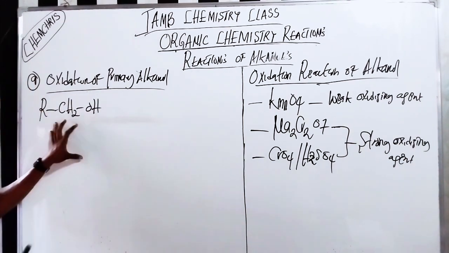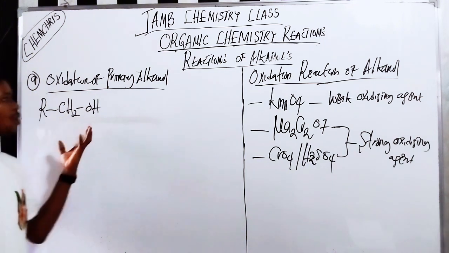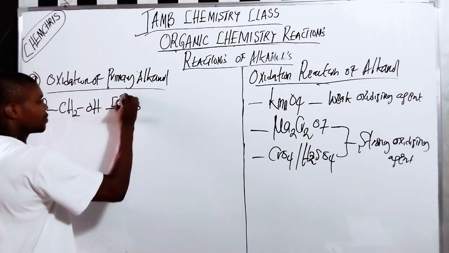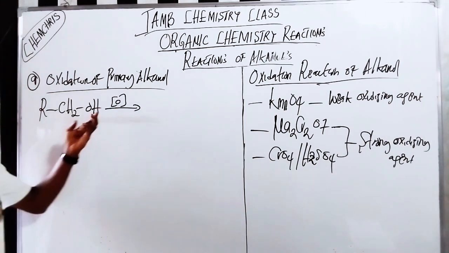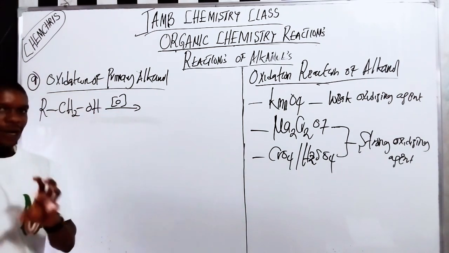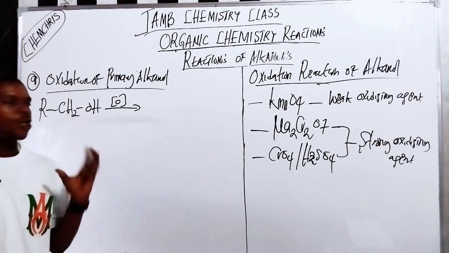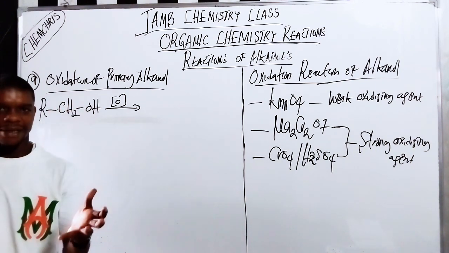Now, please pay close attention here. When you oxidize primary alcohol, the first thing it is oxidized to is aldehyde.